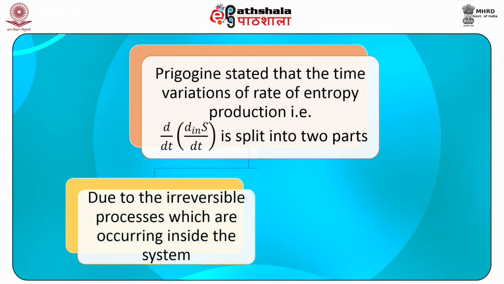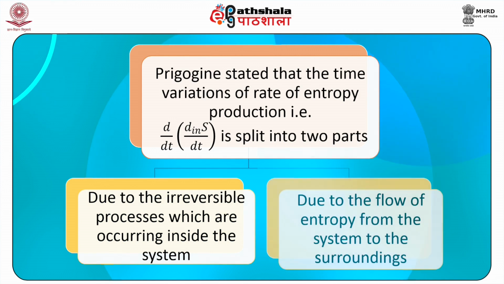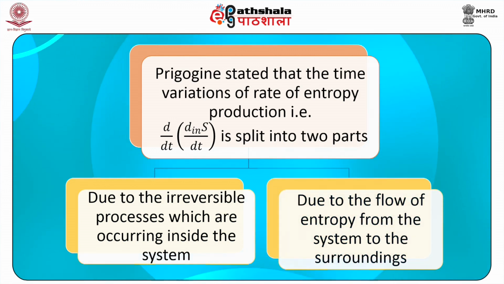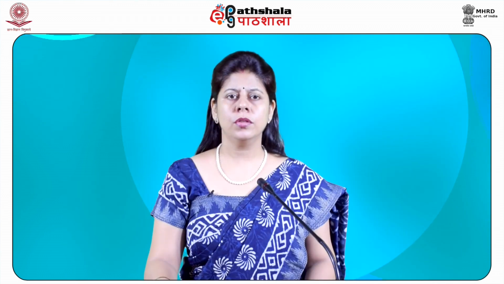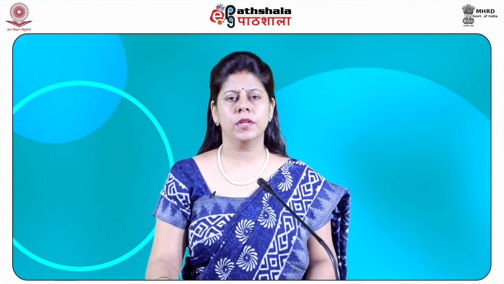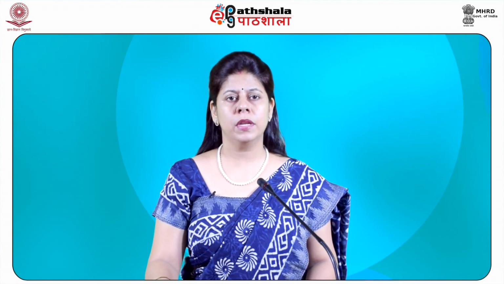Prigogine stated that the time variation of the rate of entropy production splits into two parts. First, due to the irreversible processes occurring inside the system, and second, due to the flow of entropy from the system to the surroundings. Because of the irreversible processes occurring in the system, the rate of entropy production decreases until the state is reached when it becomes minimum.